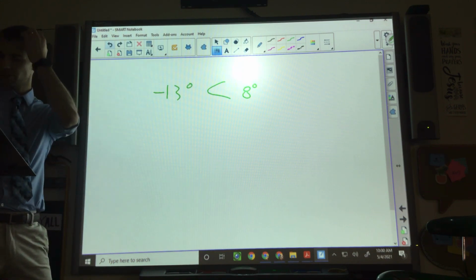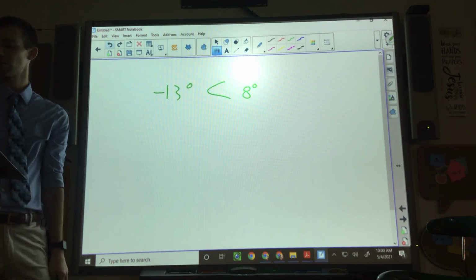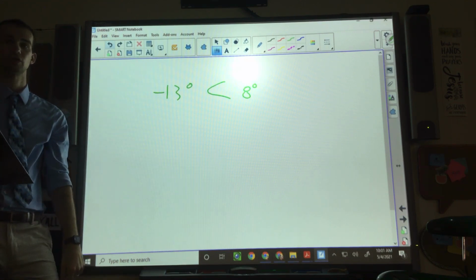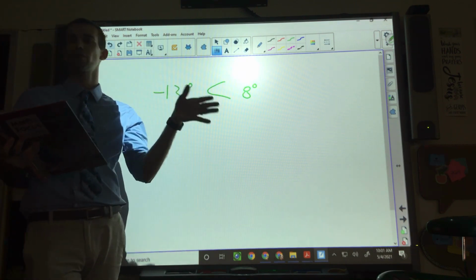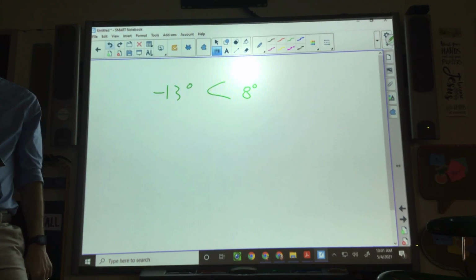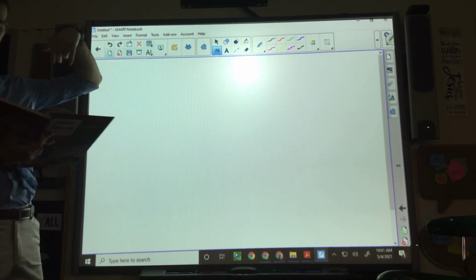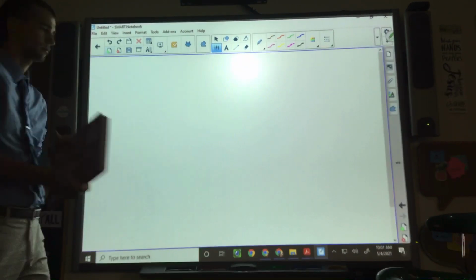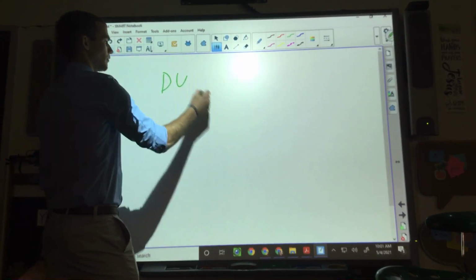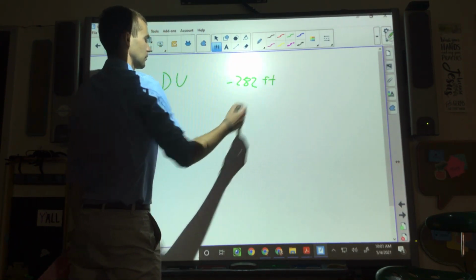Alright, then look on the top of page 51. Somebody tell me the elevations of each of those natural features. Read off the natural feature, then tell me the elevation. Carson? Just say Death Valley and then the elevation. The table shows elevations and natural features. The elevation of Death Valley is -282 feet.